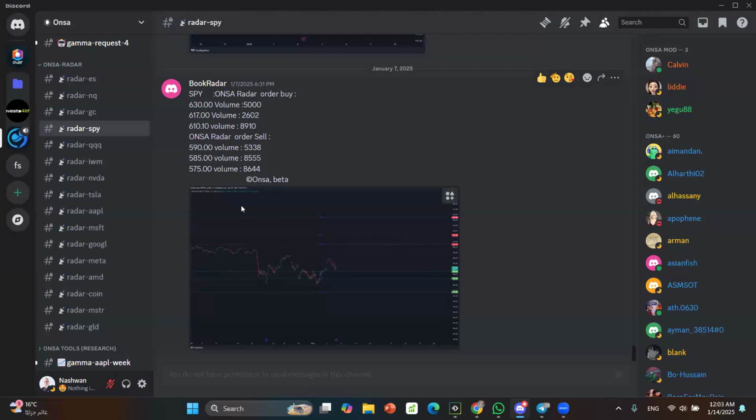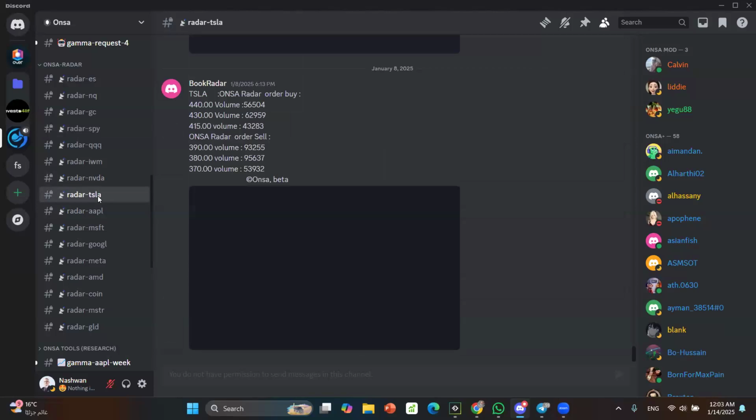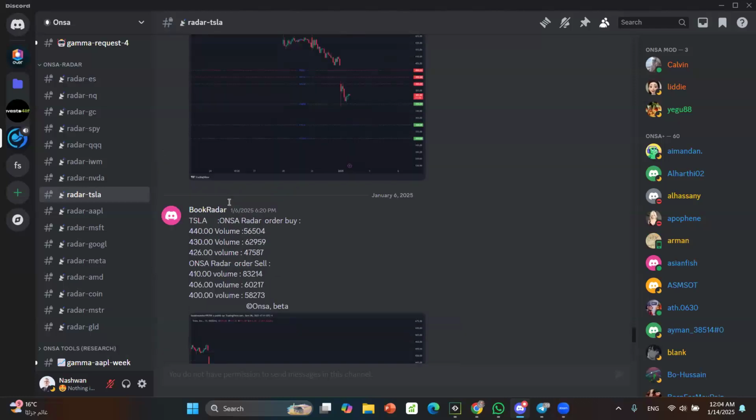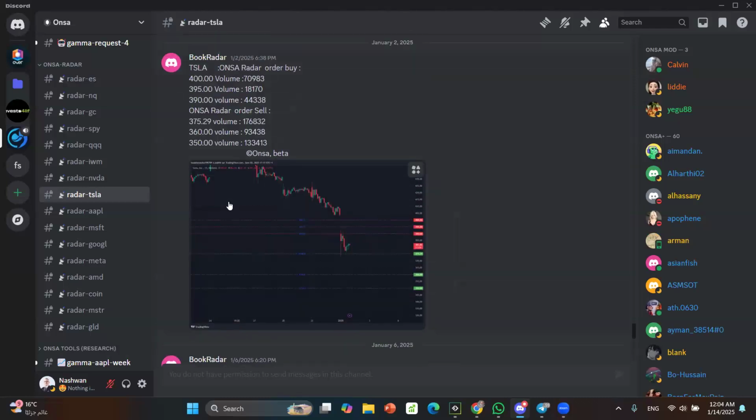For sellers this is a stop for buyers, and for buyers it's a stop for sellers. Sometimes we notice something, for example in Tesla last week, very high levels like this one.